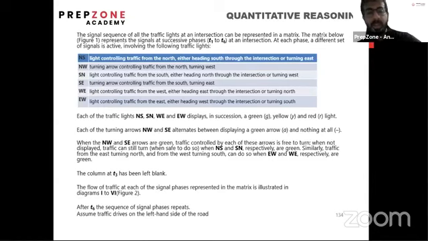So over here you see that NW and SE are the two turning arrows, right? And they have given you what the green signal, what the yellow signal, what the red signal notion means. So G, Y, and R. Similarly, the green arrow is A, right?